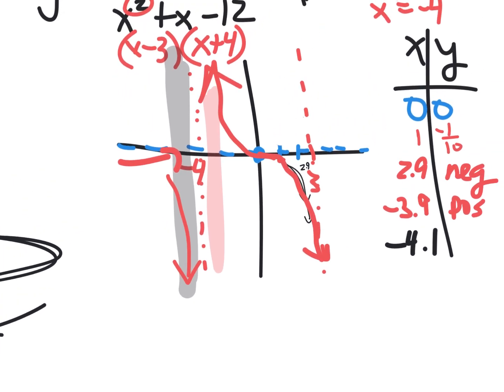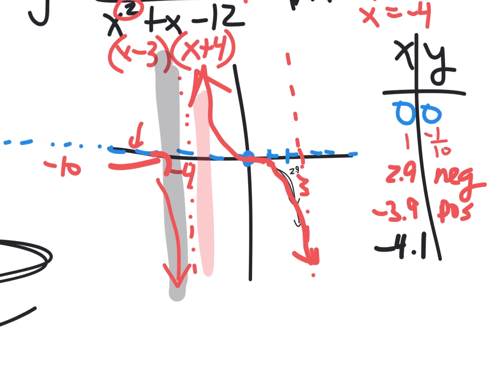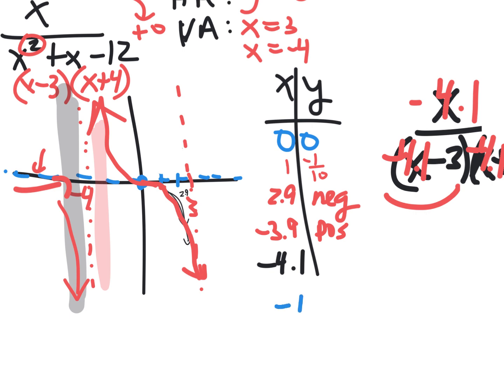Now, could it pass over the asymptote again? I suppose it could. I could put in a big negative number if I wanted to. Like, what if I tested negative 10 to see if it ended up going through the asymptote or not? I could stick in negative 10 and see whether or not it went through that asymptote. So I'm going to stick in negative 10.